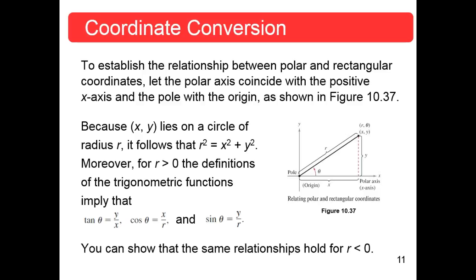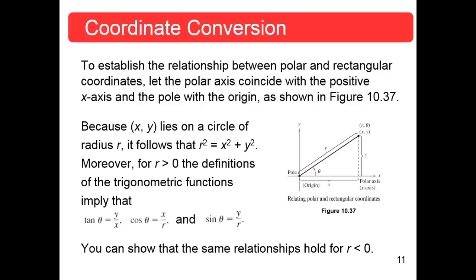One of them. Something else we know from trig: the sine of the angle theta is the opposite side y over the hypotenuse r. So sine theta is equal to y over r. That means y is equal to r sine theta.